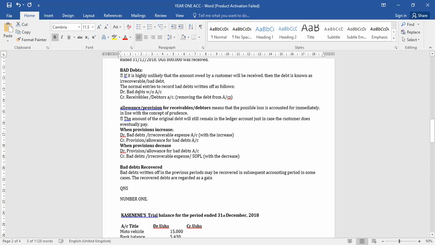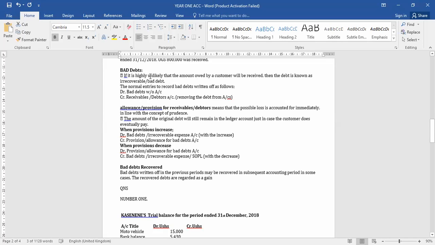Yes, we know debt. Now, at any particular moment, in case someone is unable to pay you, for example, bad debts on the screen I'm sharing. It is highly likely that the amount owed by a customer will be received, or it is unlikely, meaning there are more chances that this person will not pay me.